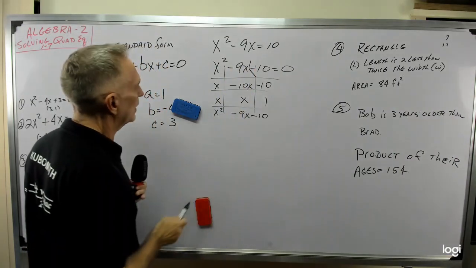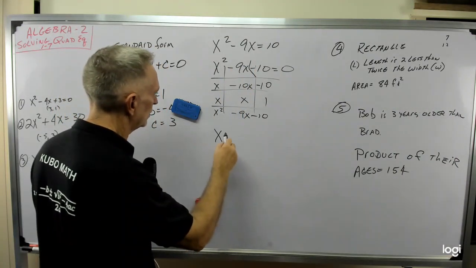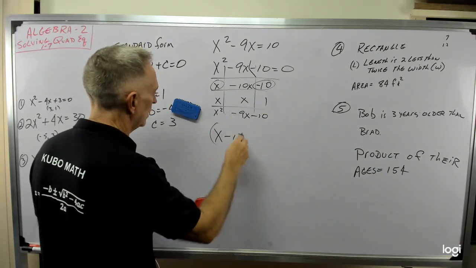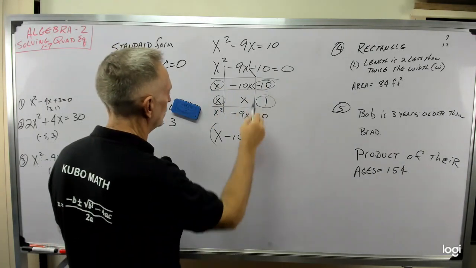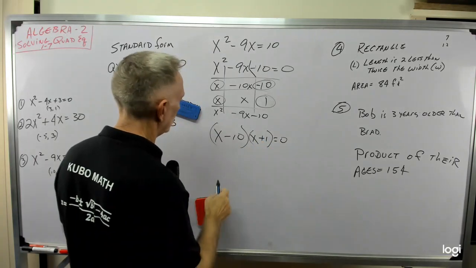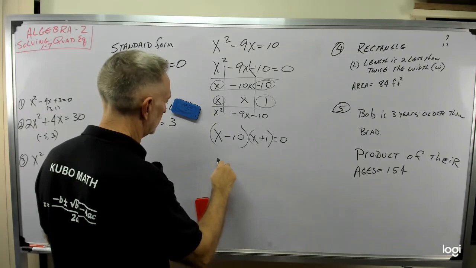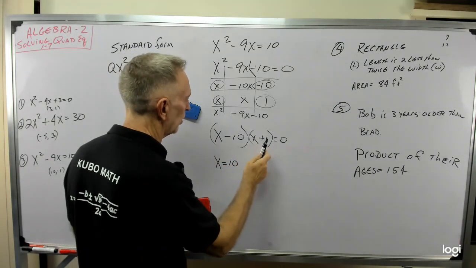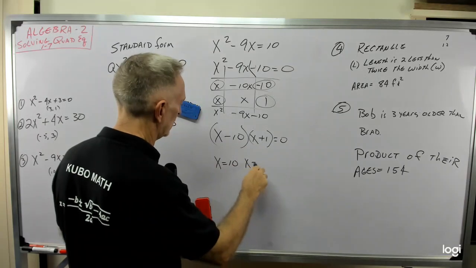So that's what I needed. So I have x minus 10, and then x plus 1 equals 0. So now I know 10 minus 10 is 0, so x equals 10. Negative 1 plus 1 is 0, so x equals negative 1.